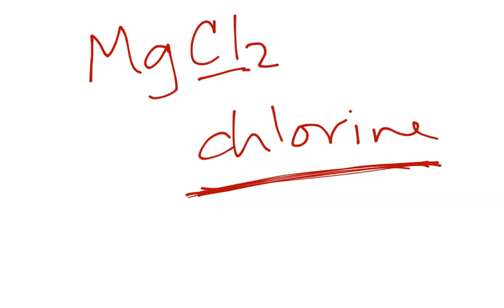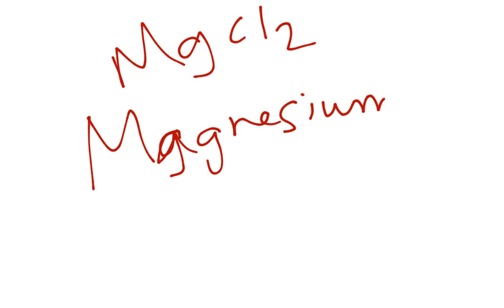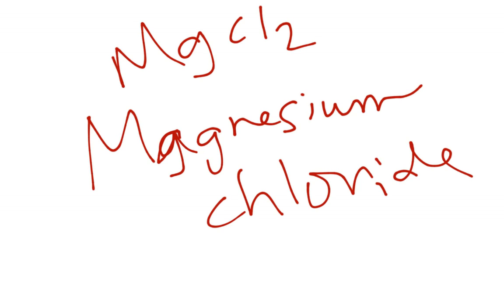If it is all by its lonesome, like chlorine here, yeah, there are two of them, but there's just chlorine there, we simply take the end part and change it to an -ide. So MgCl2 is magnesium chloride. Okay? Hopefully that makes sense.